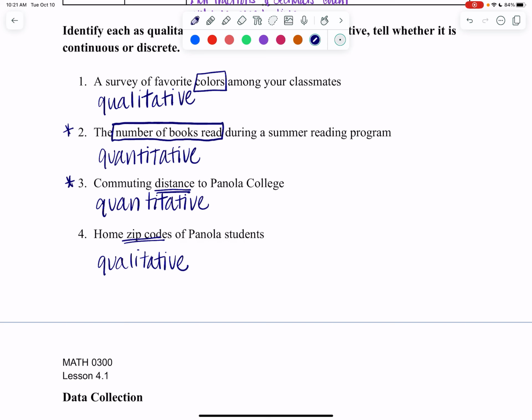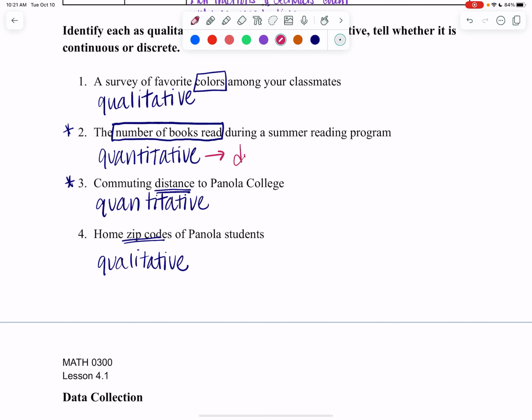So now let's go back to our 2 quantitative sets of data and decide whether they are discrete or continuous. Our first one was the number of books read during a summer reading program. Now, typically we don't read 1.5 books. We read 2 books, or we read 4 books, or we read 13 books. The point is, we read a whole number of books.